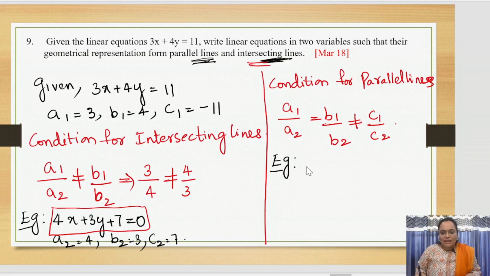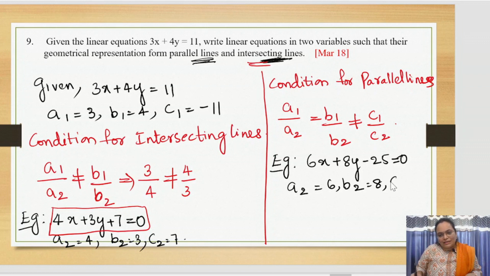Let us take the other equation as 6x plus 8y minus 25 is equal to 0. Comparing this equation with the general form, you will get a2 is equal to 6, b2 is equal to 8 and c2 is equal to minus 25.